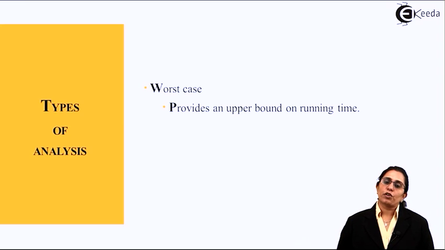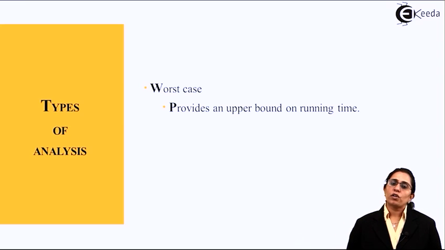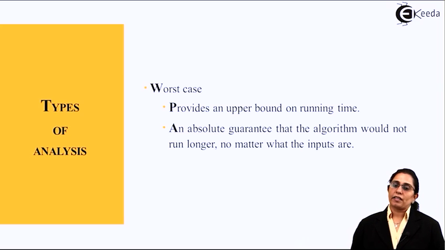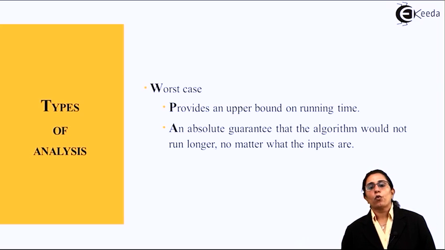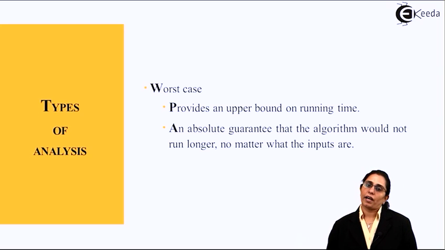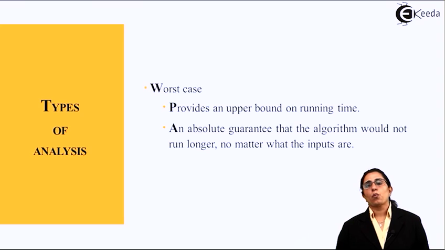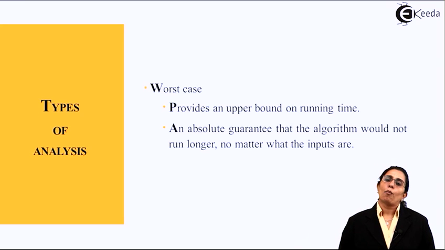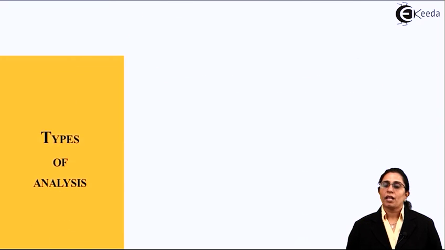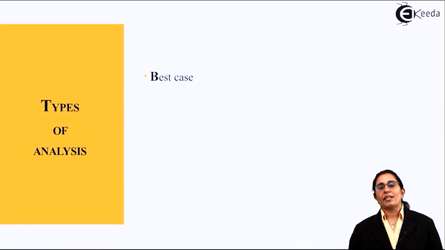That is the worst case analysis of an algorithm. It is an absolute guarantee that the algorithm would not run longer no matter what the inputs are. That is, it will continuously work in a vigorous manner but will not give us a prescribed output.